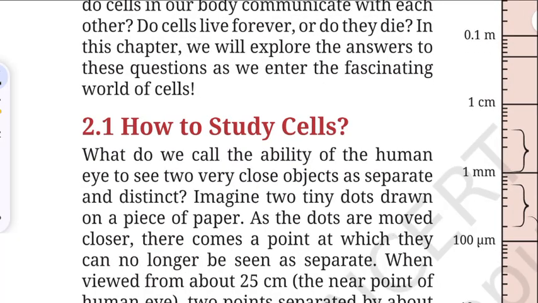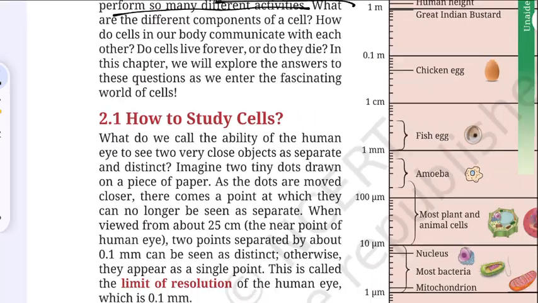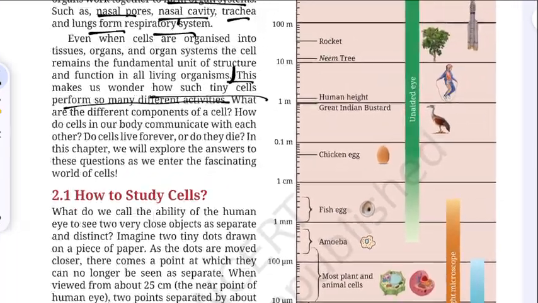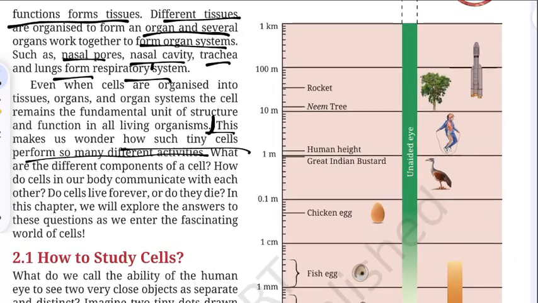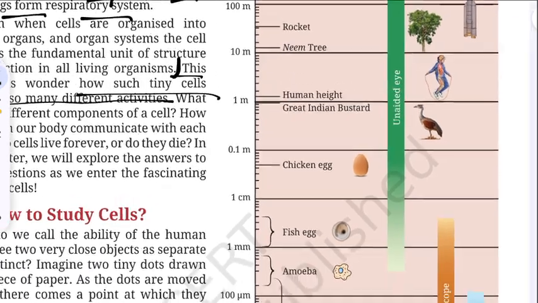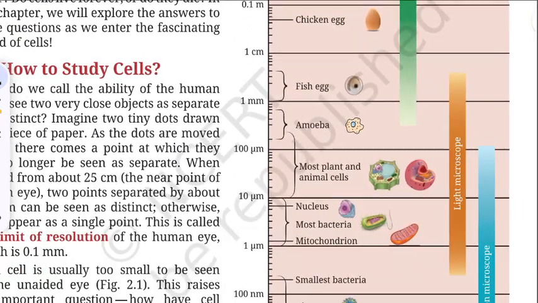Cell. The first question is how to study a cell. Now, here one diagram is given. This diagram tells us about the size of cells.